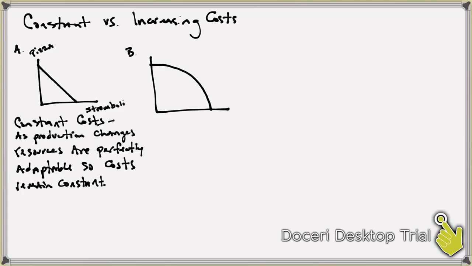And so if I go back to my graph, let's say I could make 10 strombolis and 0 pizza. That would be my first point. Then let's say I'm going to make 2 pizzas. Well, let's call that 8 strombolis now.